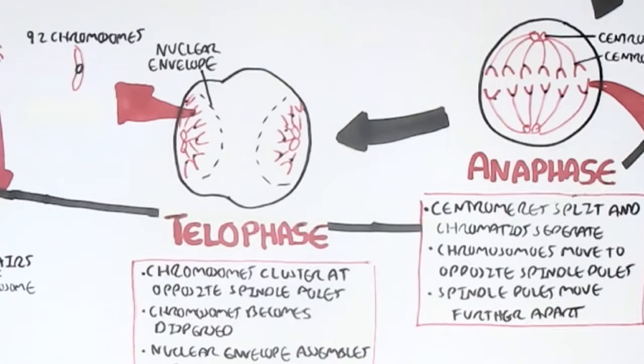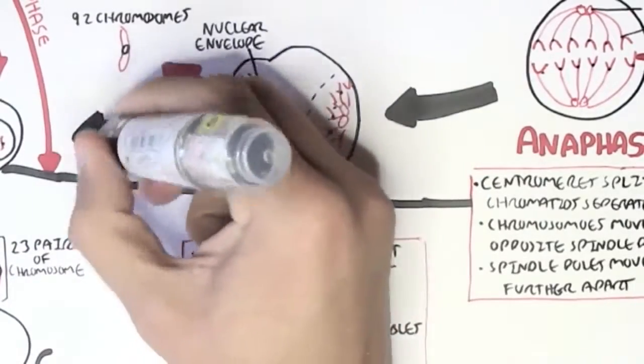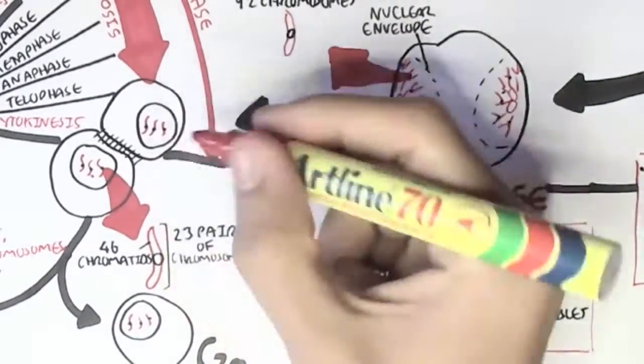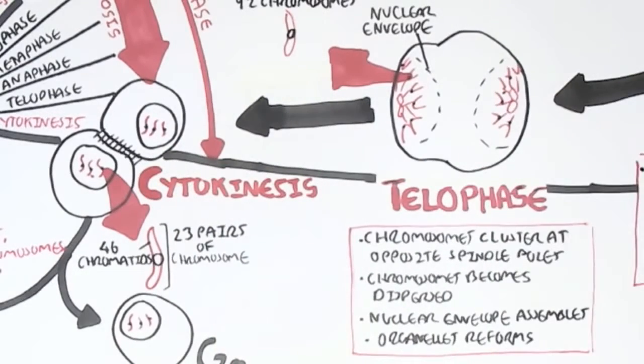This cell will then enter the last phase of M phase, not mitosis, but the last phase of M phase, known as cytokinesis. Cytokinesis is not part of mitosis, but it is part of M phase, and it is essentially the separation of the cell into 2 daughter cells.